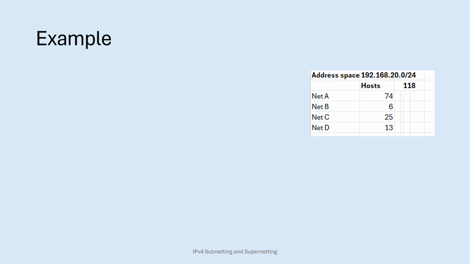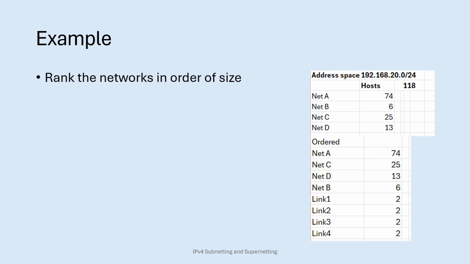So in this example here, I've got an address space of 192.168.20.0/24. I've got 4 networks which I've allocated random numbers of hosts. So what I will do first is I will rank the networks in order of size. We do this conventionally so that it makes your VLSM easier to do, because you're allocating the larger networks first.